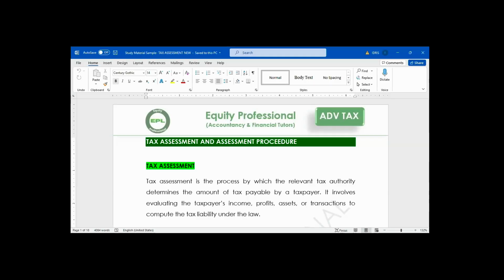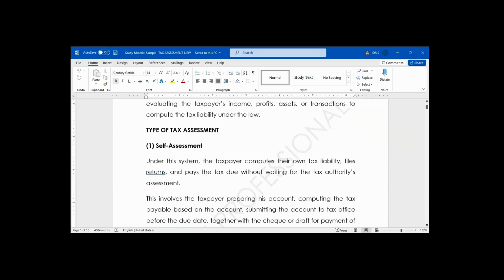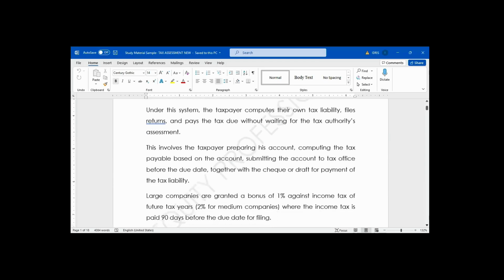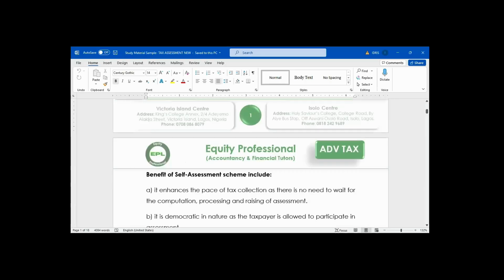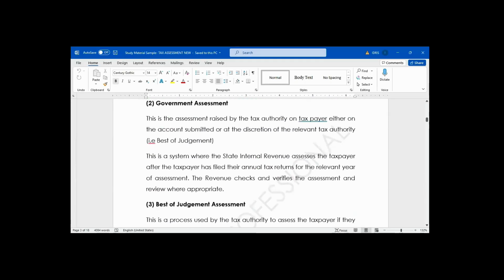Now, what are the types of assessment we have? We have different types of tax assessments. Number one, self-assessment. Number two, government assessment.